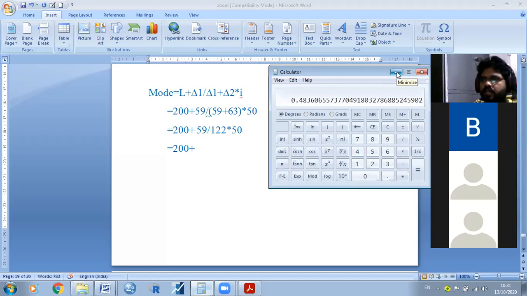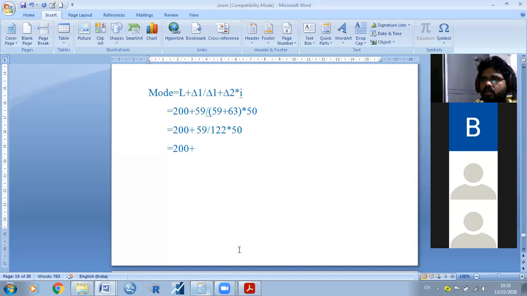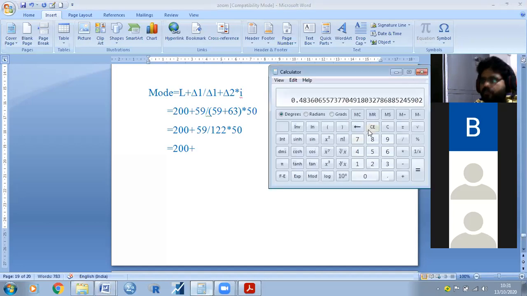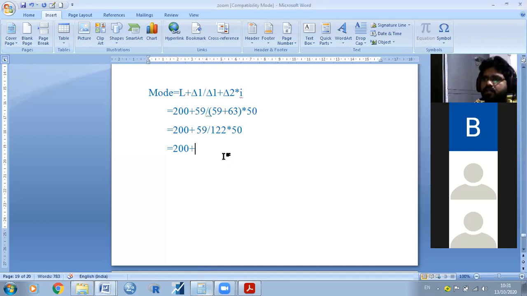Or else you may calculate also 59 into 50, 2950 divided by 122, is equal to 200 plus.